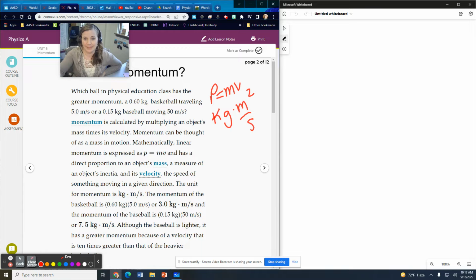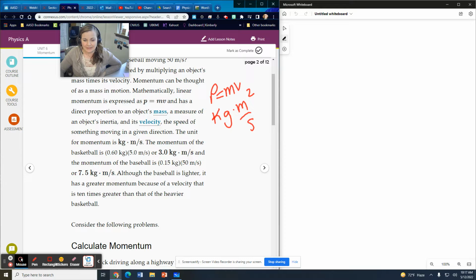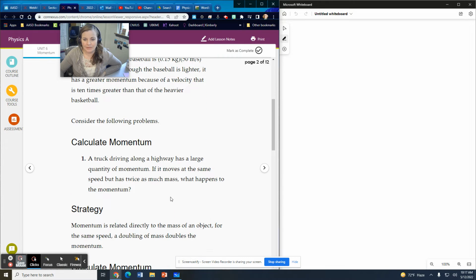In the problem, we're taking mass and multiplying it by velocity. So in the units, we take mass units and multiply them by velocity units as well. So when we do this, you can calculate the momentum.